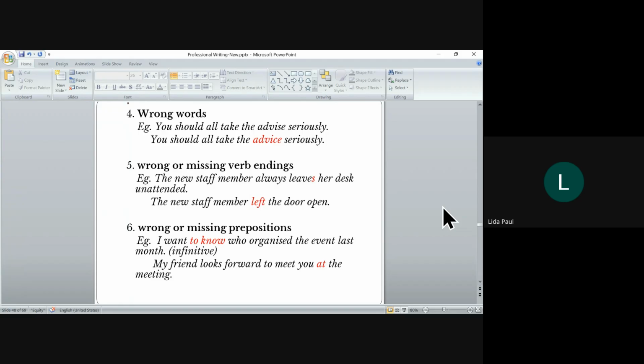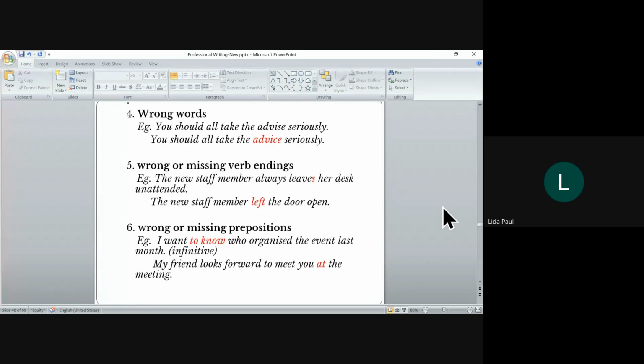Then comes wrong or missing prepositions. I want to know who organized the event last month. My friend looks forward to meet you at the meeting. Okay. So what is the problem with the first sentence? The first sentence is okay, I guess it is an infinitive usage, so that's fine.